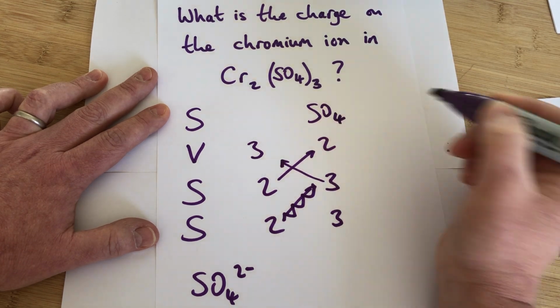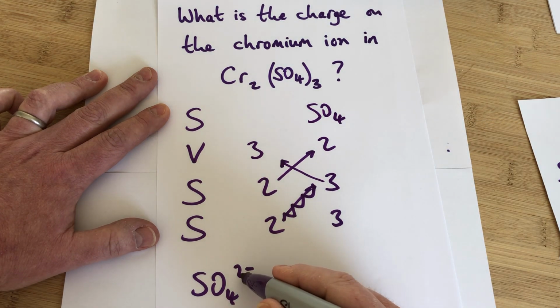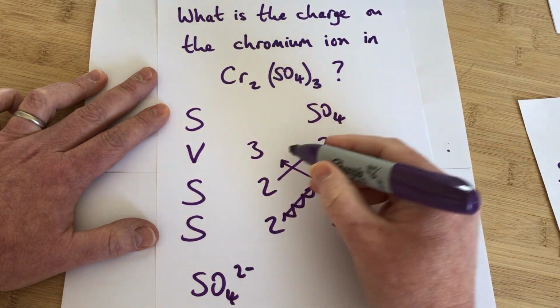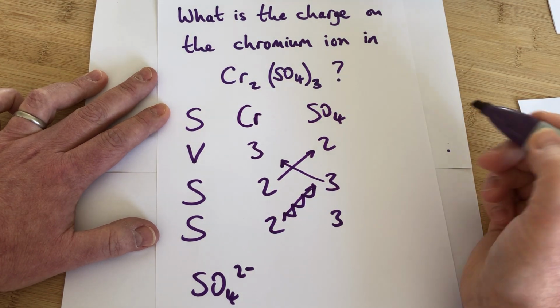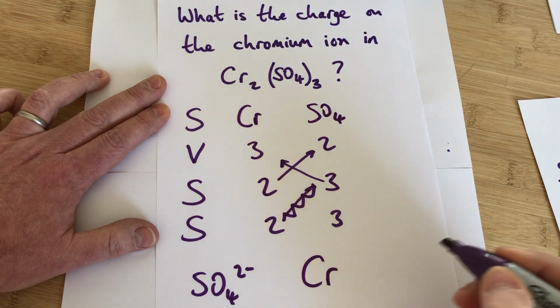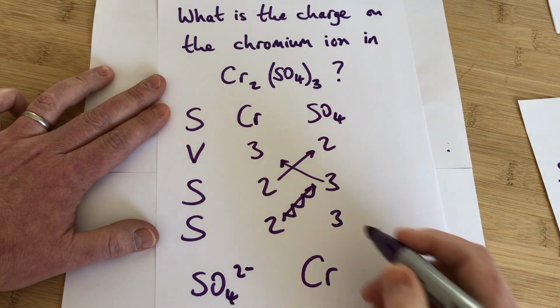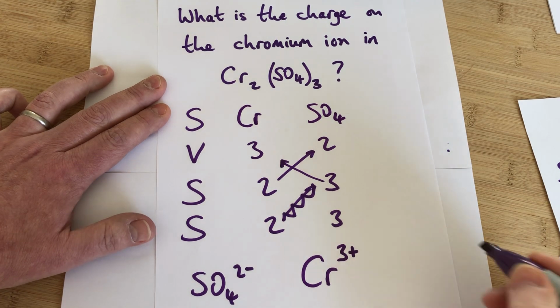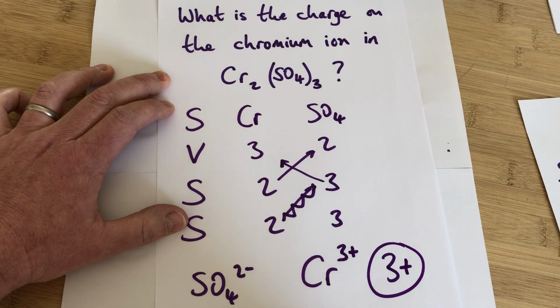SO4 is sulfate, valency 2, just like it is here. And the chromium must be valency 3. So the chromium is a metal, it's a positive ion, and its valency is 3. So that makes it chromium 3 positive, or a charge of 3 positive.